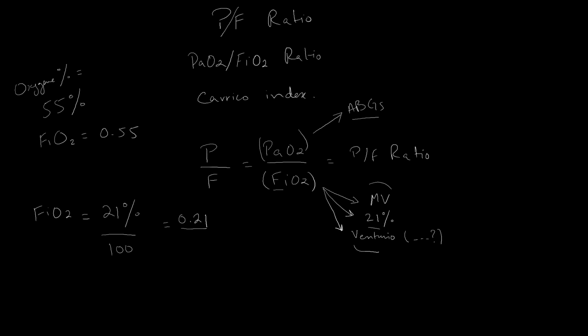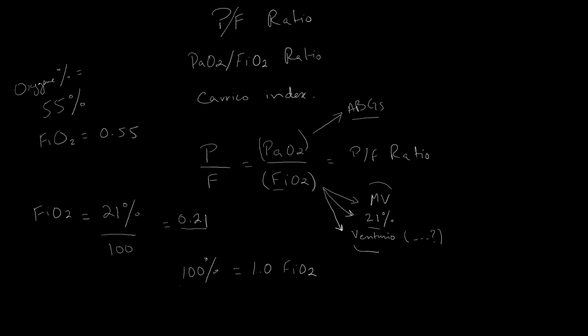So when you divide the PaO2 by the fractional inspired oxygen, you get the PF ratio. I tell my juniors that the easiest PF ratio to measure is when your patient is on 100% oxygen. That is, the patient is on 1 FiO2.